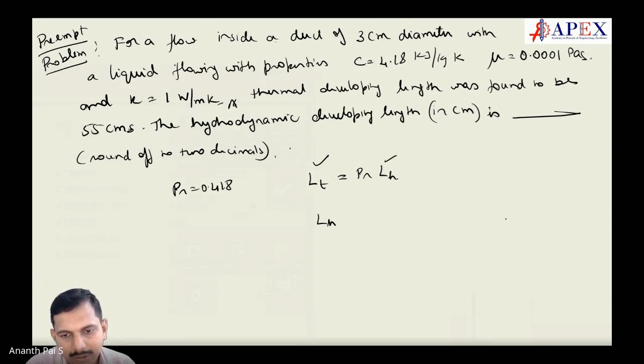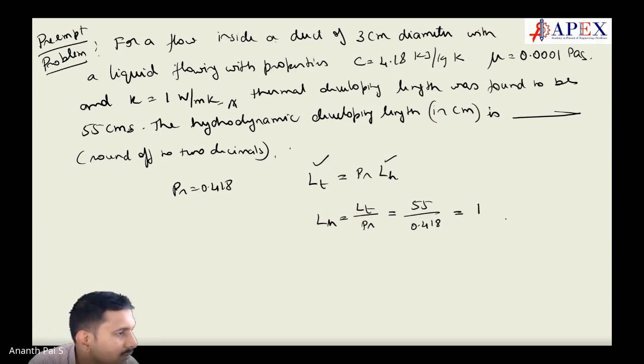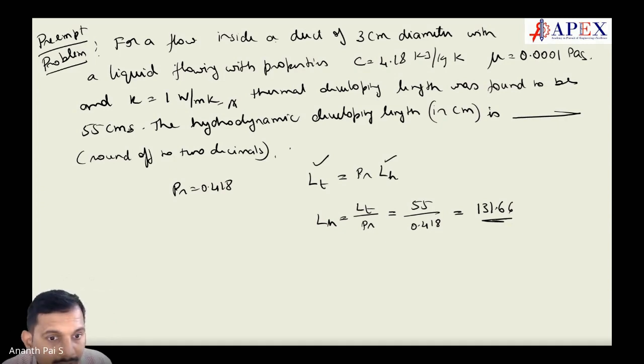So hydrodynamic boundary length is equal to thermal boundary length divided by Prandtl number. Prandtl is 0.418. So it is 55 centimeters divided by 0.418, which gives us 131.58, rounded to two decimals.